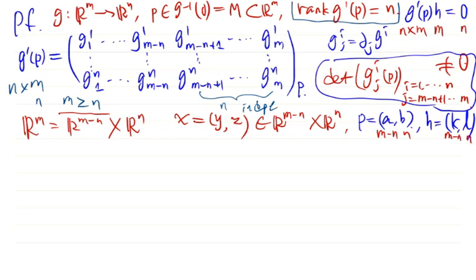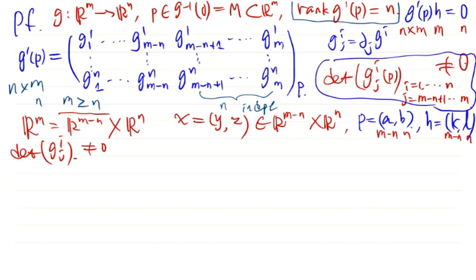Okay, so this condition means that the determinant of G_ij at P is not zero.